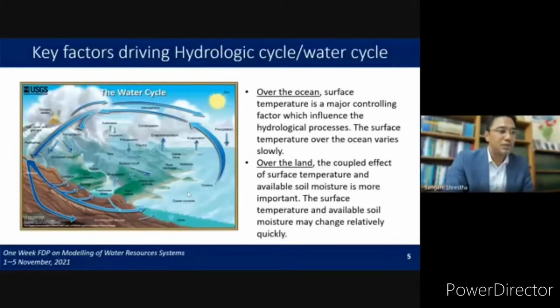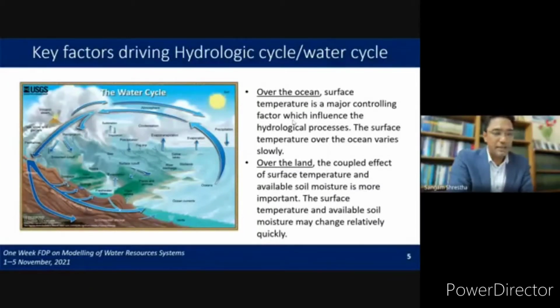There are two key factors that drive the hydrological cycle on our earth. Over the ocean, the surface temperature is a major controlling factor which drives all hydrological processes, and the surface temperature over the ocean varies very slowly.